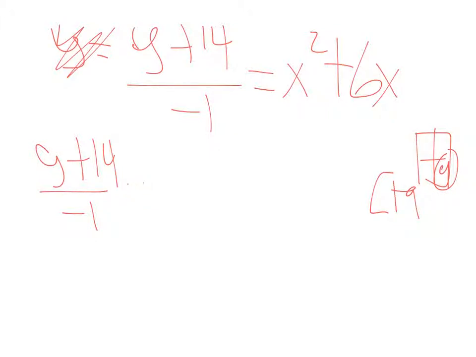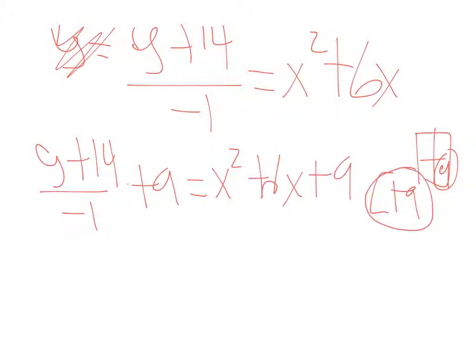So let's get rid of that. I'm going to add 9 here, and then on the right side I also add 9. Right, and that's from before. This plus 9 completes the square. But I can't add 9 to one side, I have to add it to both sides. And now I know I can represent this in perfect square form.